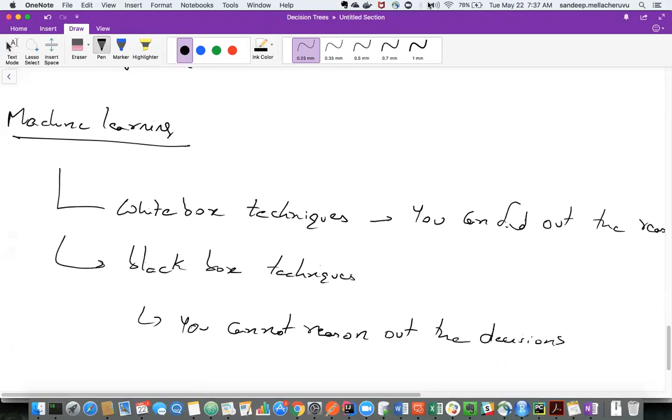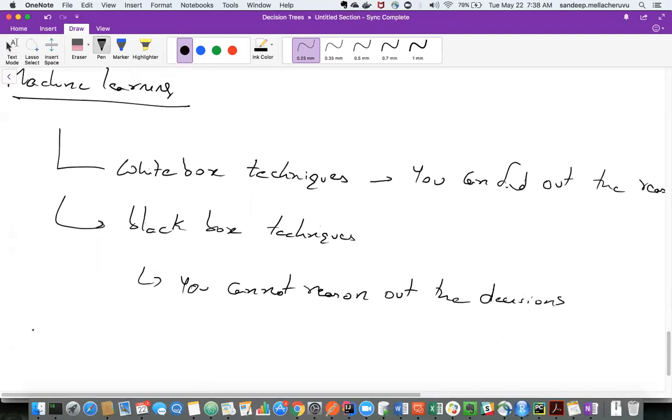Black box technique is something, it is very, very hard to reason out. In fact, it is impossible to reason out in many cases. You cannot reason out why it happened this way. Just because the machine learning model said so, you decided that it is a safe loan, but you do not know whatsoever what happened internally.